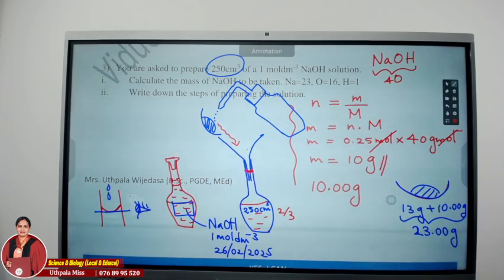The next step is to thoroughly wash the funnel so that sodium chloride in the funnel is washed into the volumetric flask. These steps ensure that all the weighed sodium chloride enters into the volumetric flask.